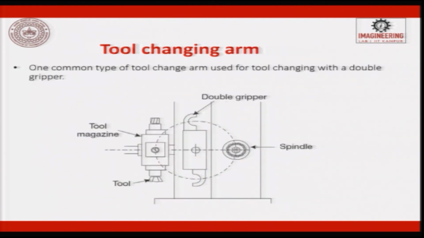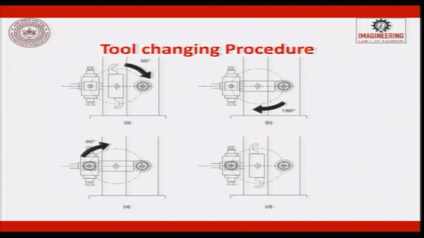This is the double gripper attached to an ATC, the automatic tool changer, with the tool magazine here and the spindle here, where the arm comes, removes the tool and puts it back into the magazine. So, these are the procedures which we explained in words, clearly shown here.